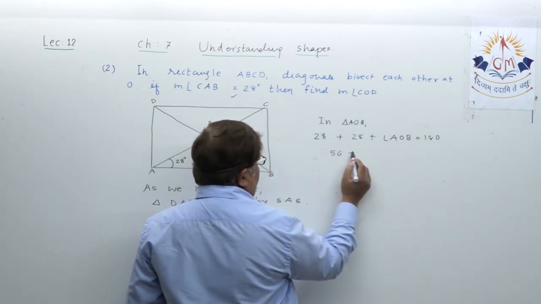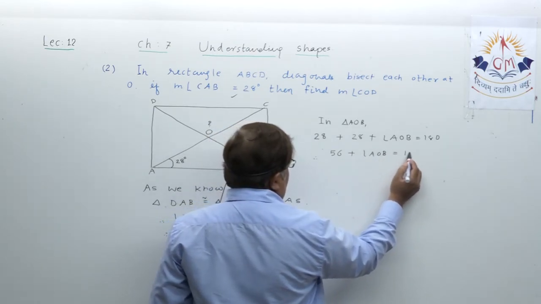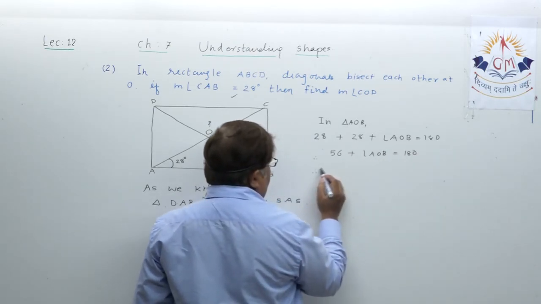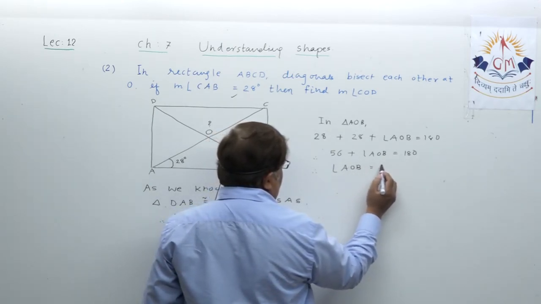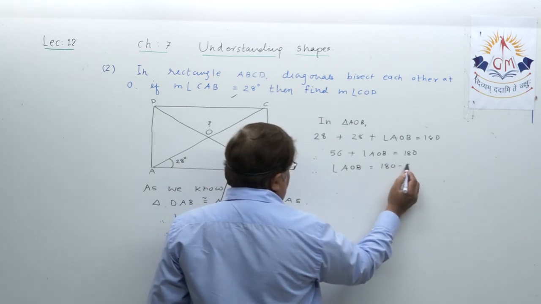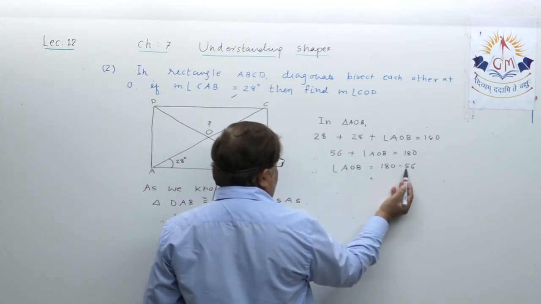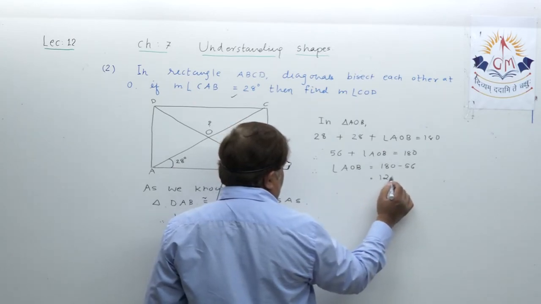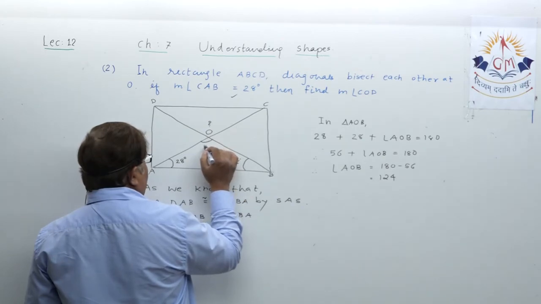Therefore, 56 plus angle AOB equal to 180. Let us just transfer it. 180 minus 56, it is 124. So you got this angle 124.